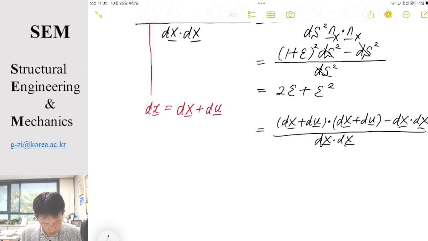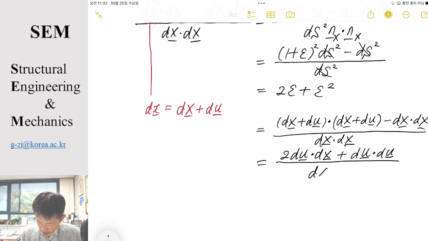And then this is equal to, if you expand this, 2 of du dot dx plus du dot du, and then divided by dx dot dx.